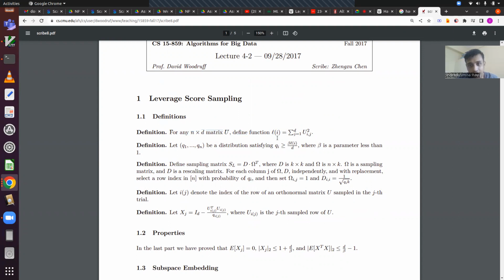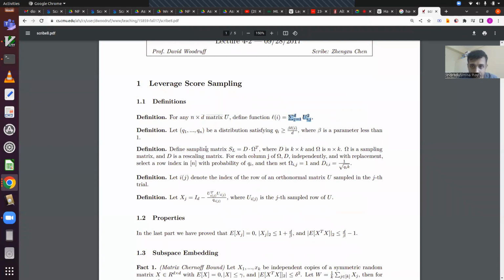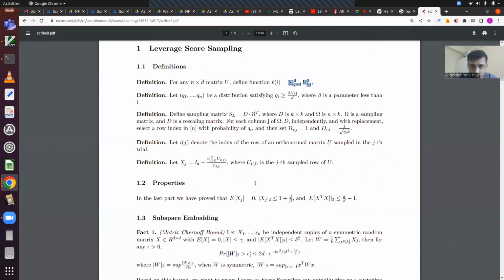So for any ith row, it's summing the squares over all j, right? For an identity, we take 1 square plus 0 square, 0 square, 0 square for every row. And then it's taking a sampling matrix.